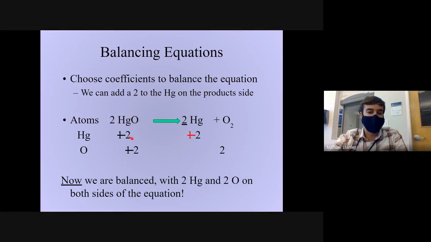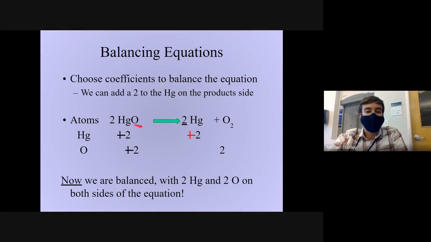So now there's 2 HGs and 2 O's over on this side. Right. And when we put a 2 in front right here, that makes this from being 1 HG to being 2 HGs. Okay, I got it. Thank you. So that's where these 2's came from, is by changing that coefficient.